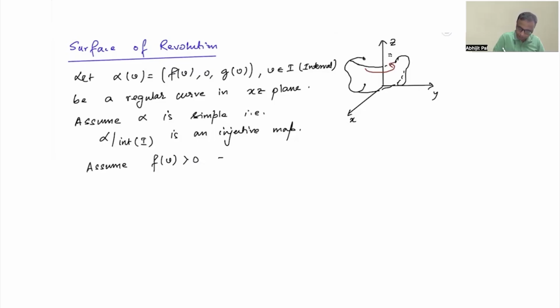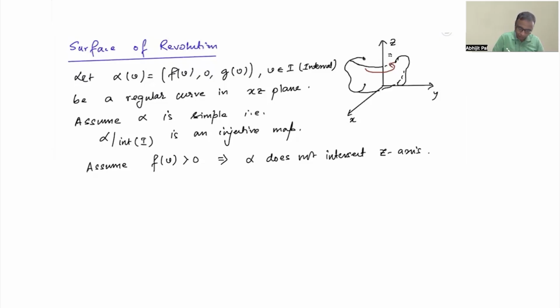This will imply that alpha does not intersect the z-axis.